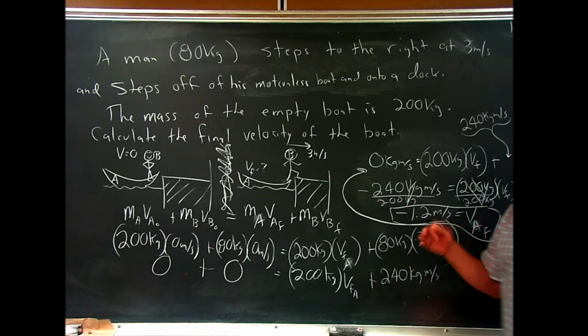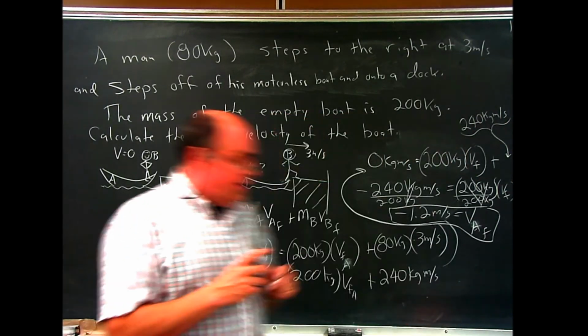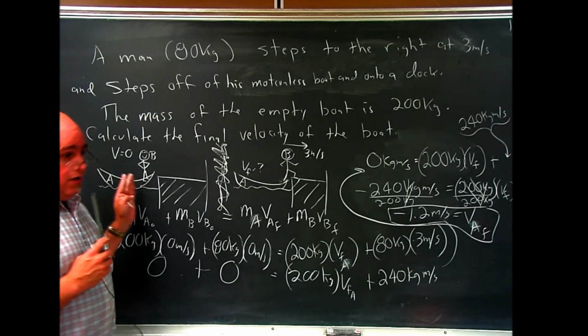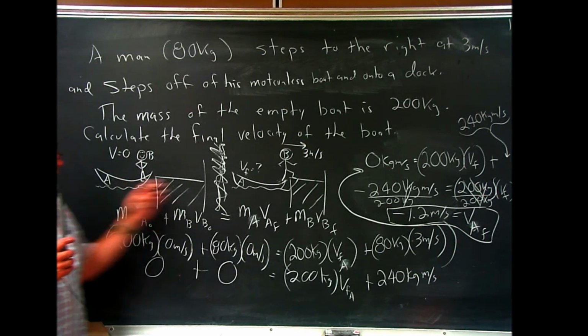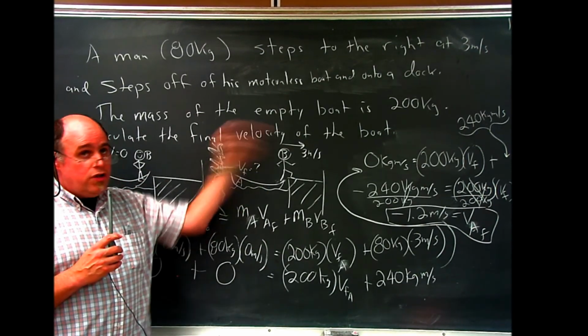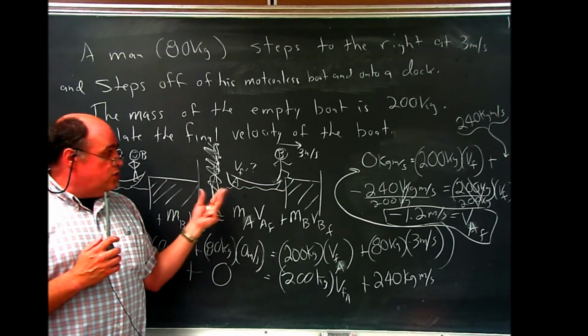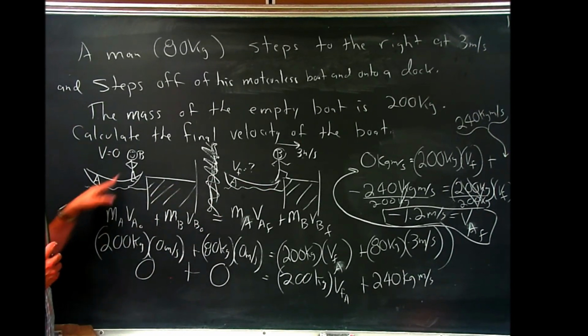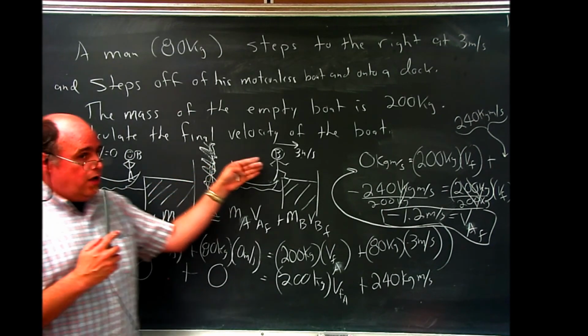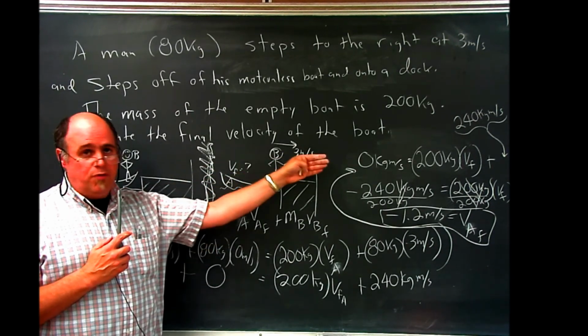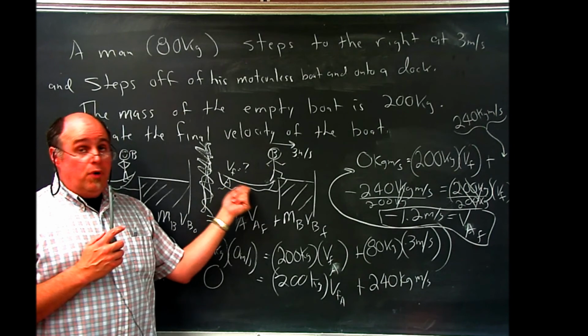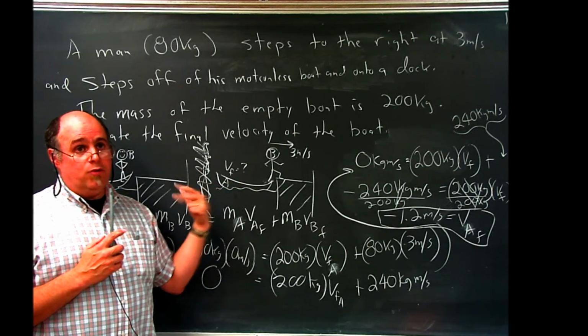If you've ever been in this predicament, you can probably identify with what's happened. You're standing on a motionless boat, and you decide to step off. You go to the right, and the boat is going to go to the left. There was no momentum in the system beforehand. Nobody was moving. So when you start moving, you create positive momentum going to the right. The boat has to create negative momentum going to the left.